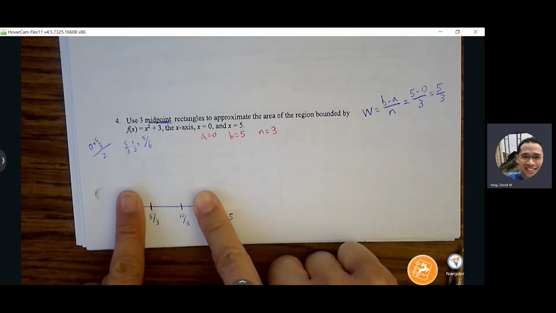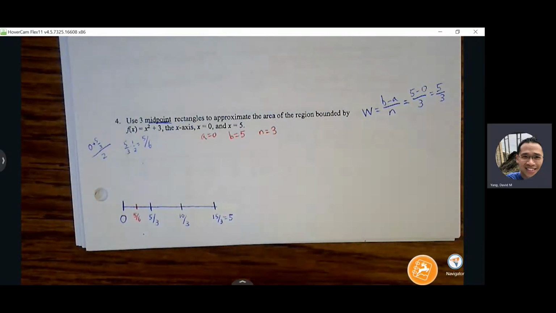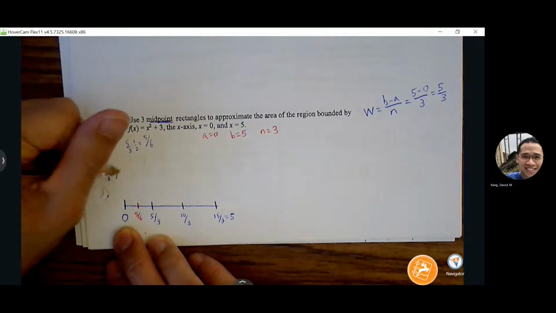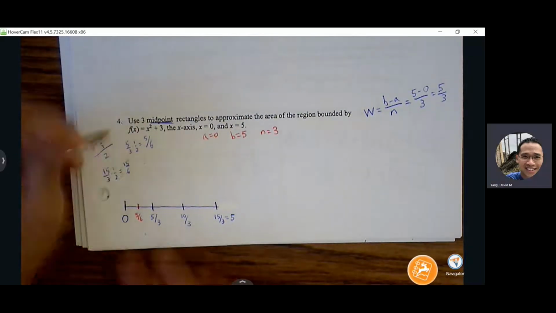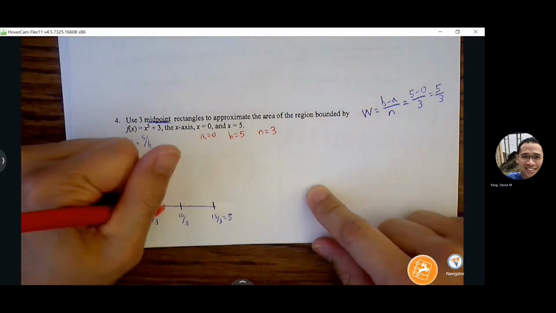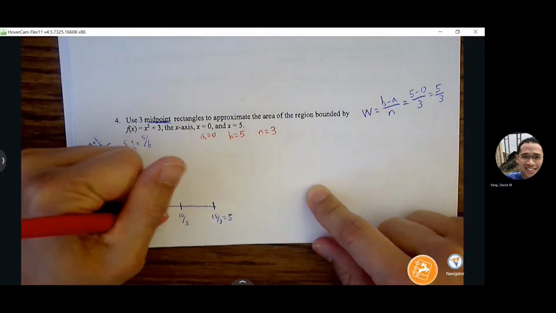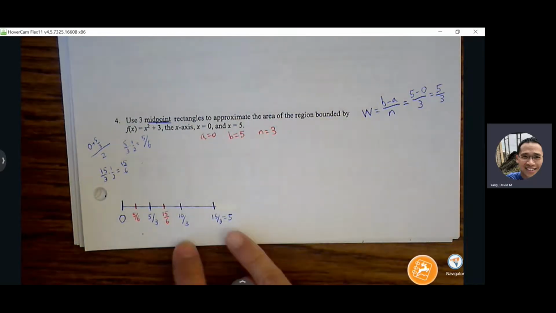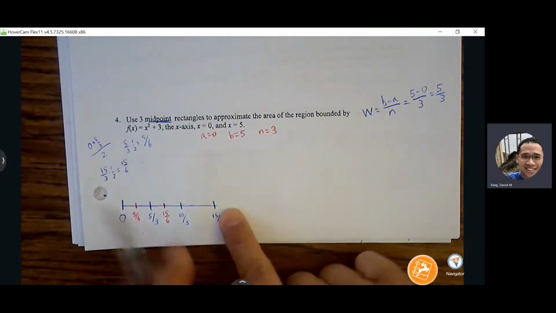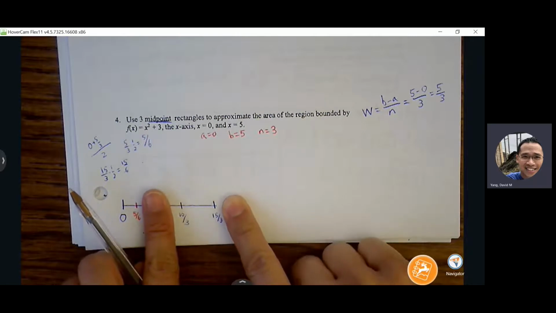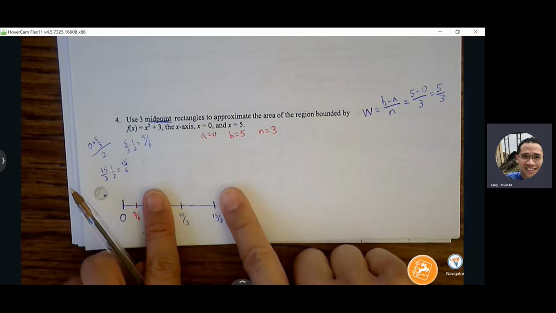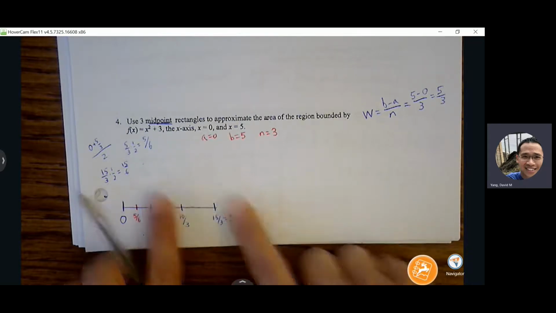So 15/3 times 1/2 is 15/6. And then adding the two numbers here, dividing by 2 or multiplying by 1/2 will get us that midpoint. So 25/3 times 1/2 is 25/6.